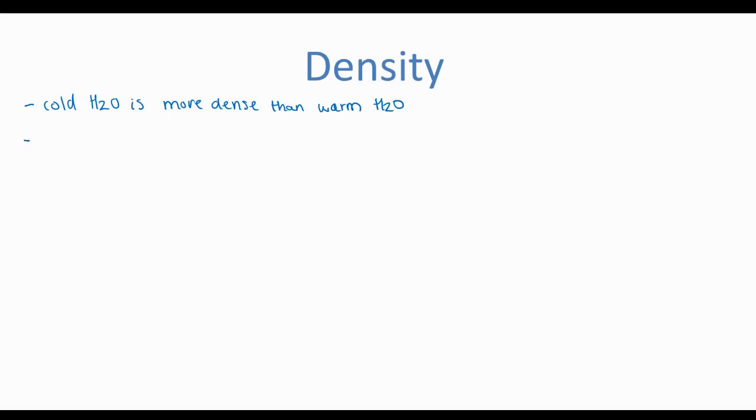And salt content-wise, sea water is denser than fresh water due to salt ions. So if you were to mix salt water and fresh water together, you should get layers to form in your glass due to this.